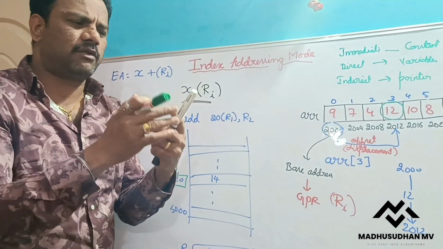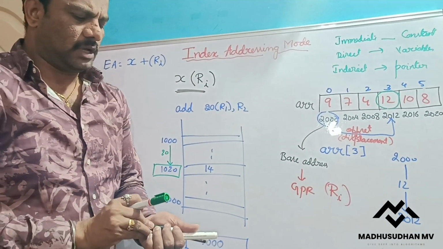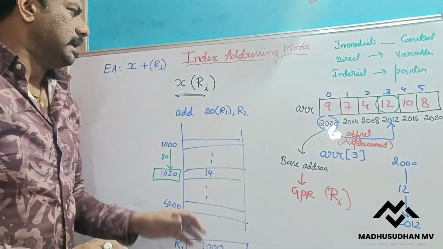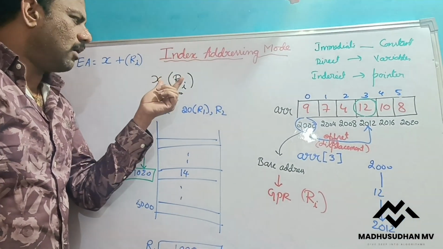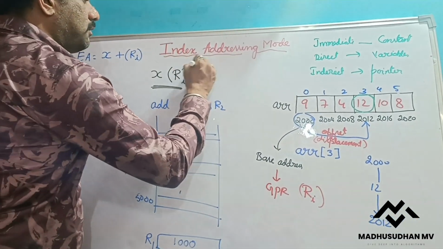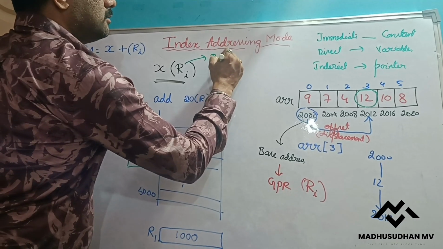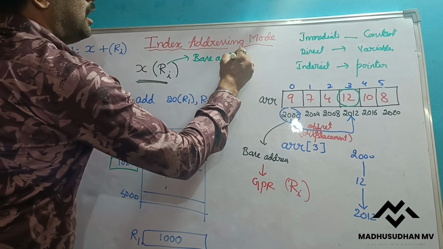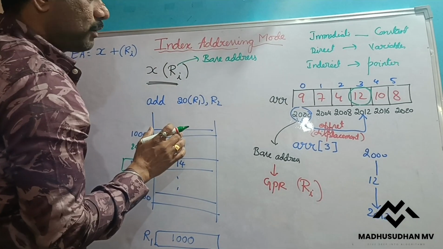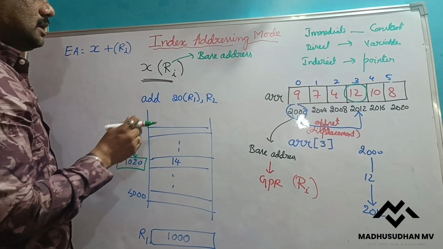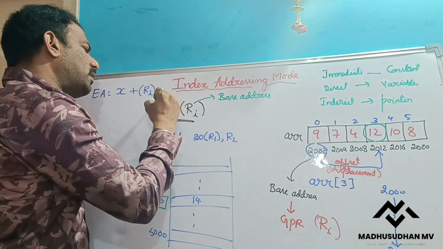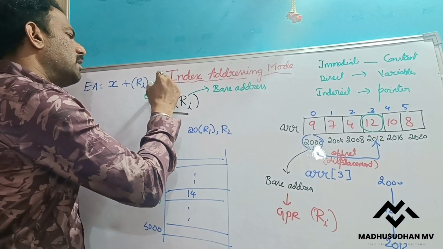Now, there are some slight variations of this index addressing mode. Here in the index addressing mode, what we stored in the register is the base address, also called the starting address or initial address. In X I am storing the offset address.